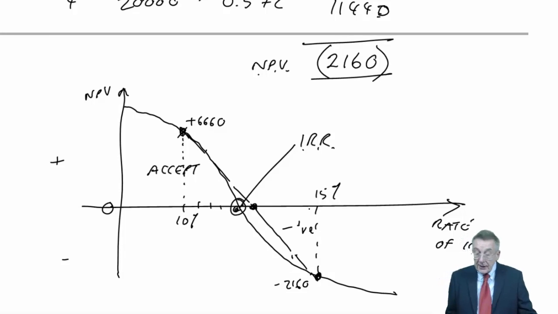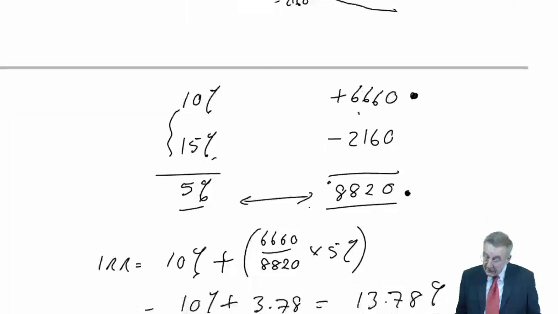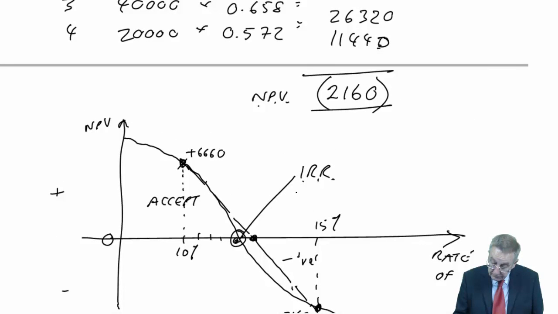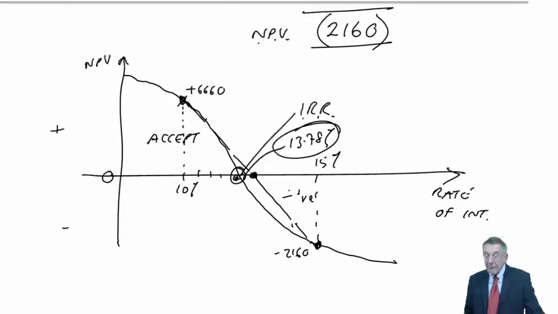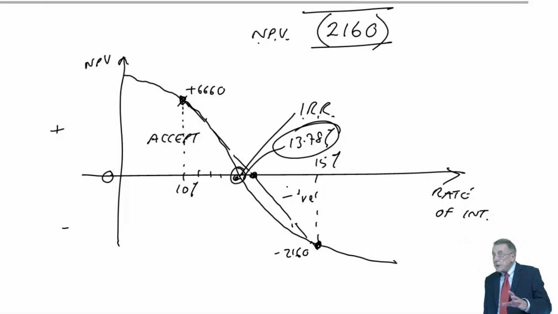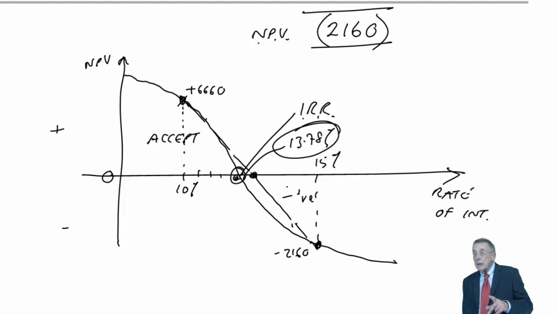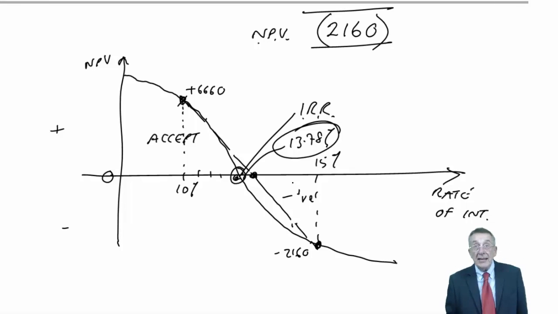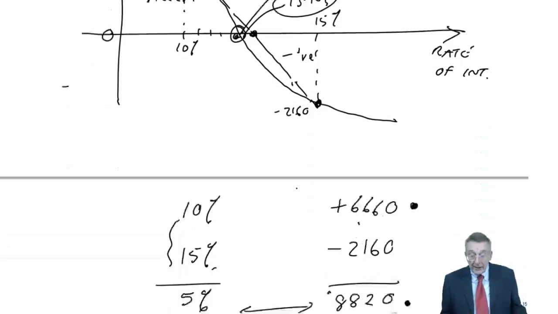Well, we've calculated the IRR at 13.78%, about 14. And so, if I'm not certain about the cost of money, and we usually aren't, what I can say is that this project is worthwhile provided the cost of money is less than 13.78.